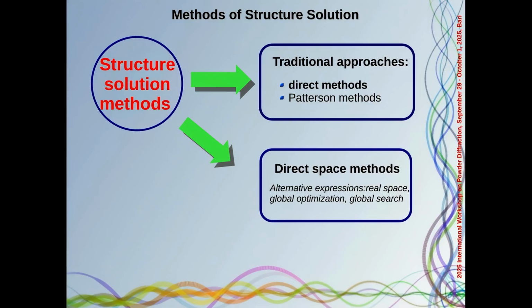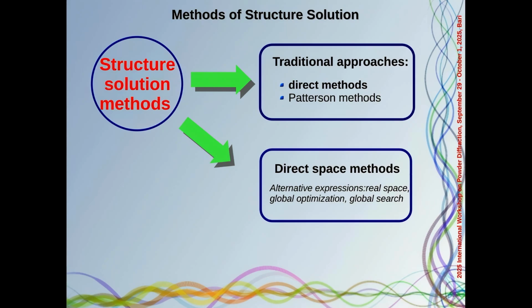Probably they are the most important methods used for structure solution, and have been applied to organic, inorganic, and organometallic compounds, but in particular they have found great utility in the structure solution of organic molecules, because in the case of organic molecules, normally the chemical connectivity is known, so it is easier to translate this information into a three-dimensional model.